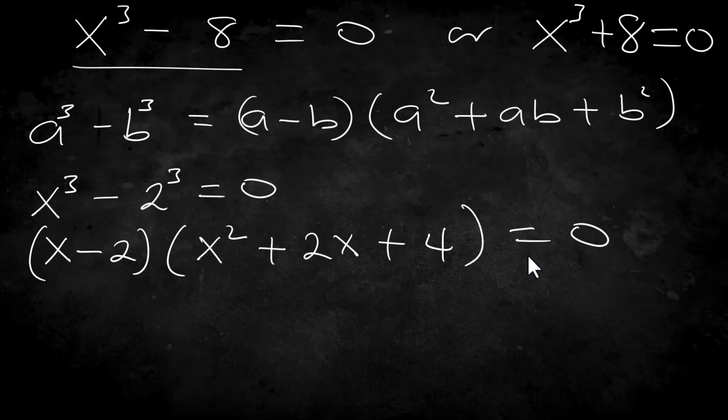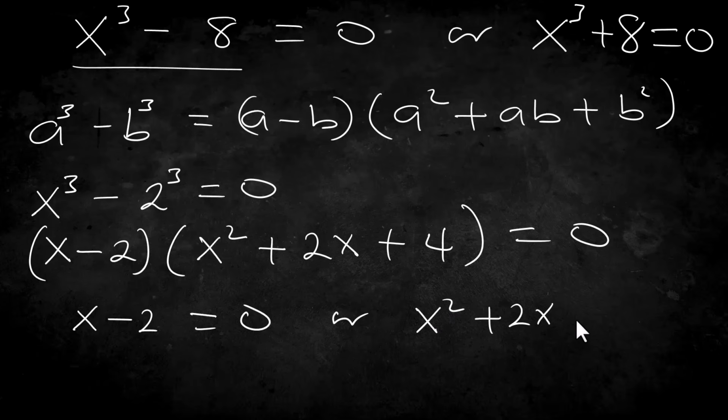Now don't forget the zero product. So we have x minus 2 equals 0, or x squared plus 2x plus 4 equals 0. So we have x equals 2.